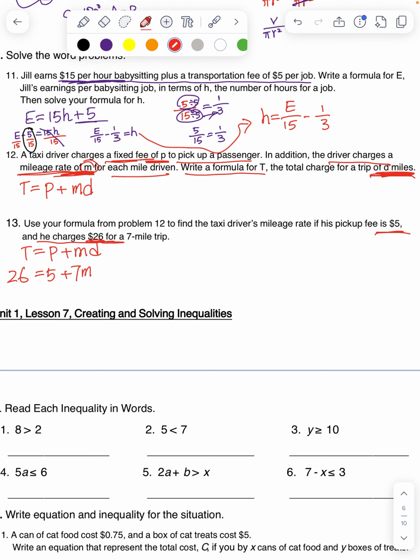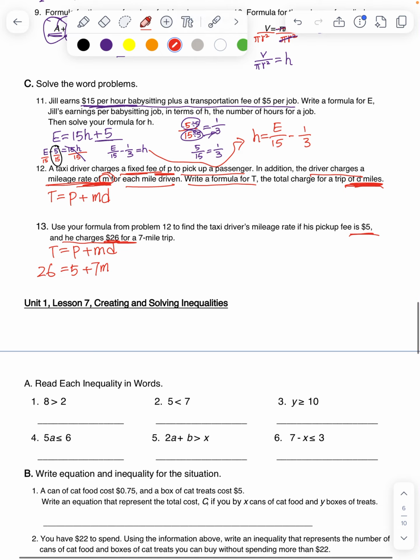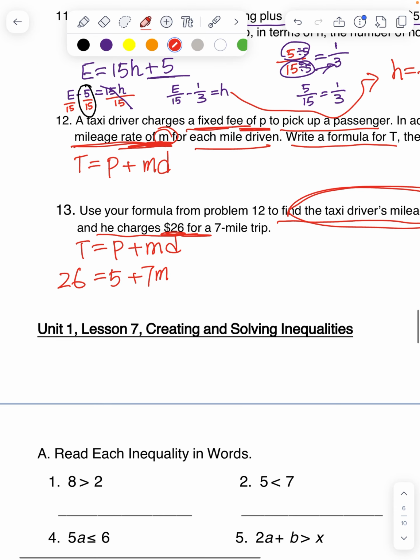So we're going to solve for the mileage rate, to find the taxi driver's mileage rate. Mileage rate means how much it costs for 1 mile. So we're going to solve for M. I need to get rid of the 5. So I'm going to move the 5 to the other side. Let's do 26 minus 5 equals 7M. Or you can directly subtract 5 on both sides, right?